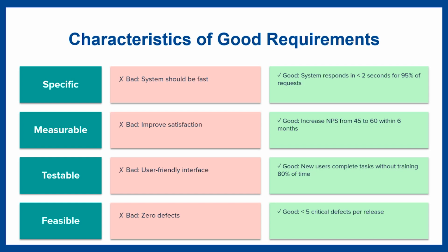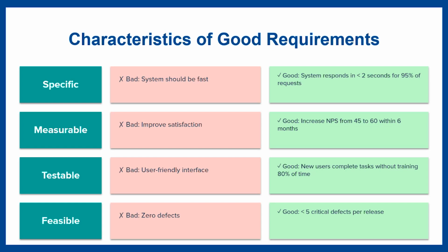The next part is feasibility. The requirement must be realistic, given time, budget, technical capabilities, and resources. A bad example of a feasible requirement is build a fully automated system in 2 weeks.